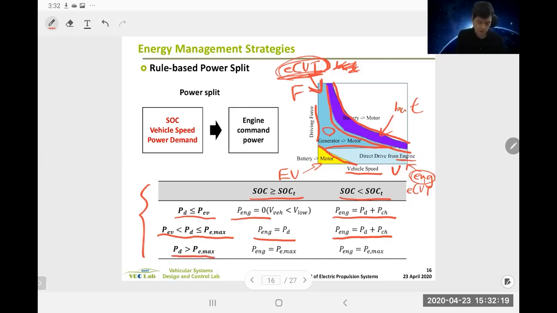When power demand is higher than maximum engine power, then engine power equals the maximum engine power.